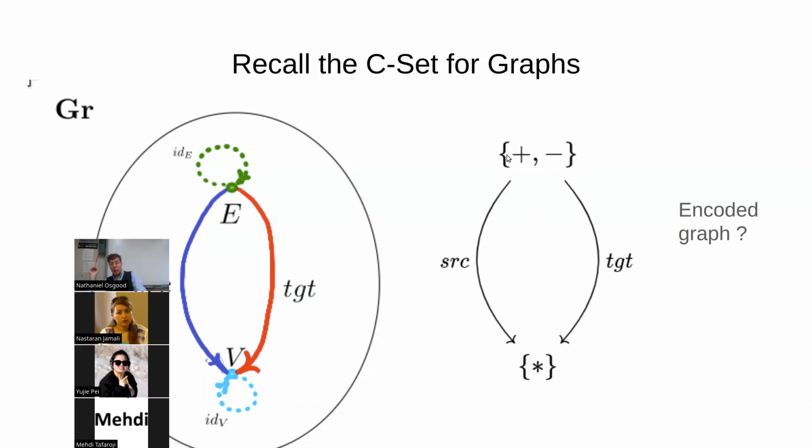Okay. Now, this is a C set. What is its encoded graph? Just to make us think in terms of graph encodings. What graph is encoded by this? What does it look like? How many edges does it have? How many vertices does it have?